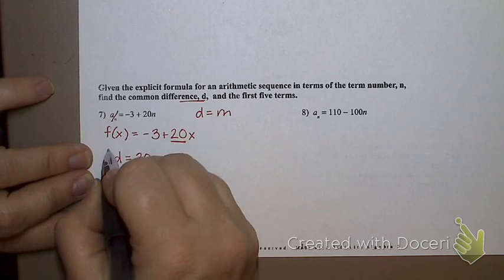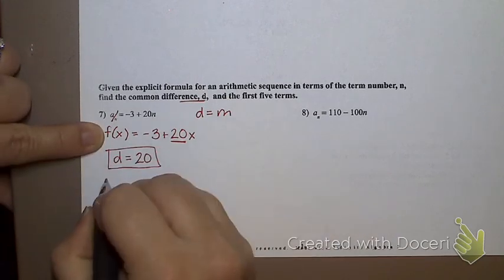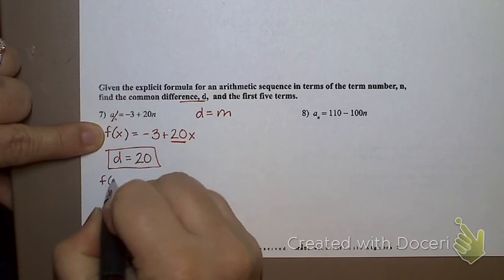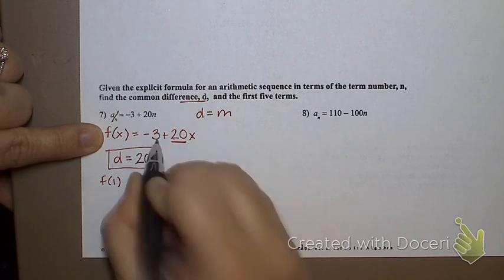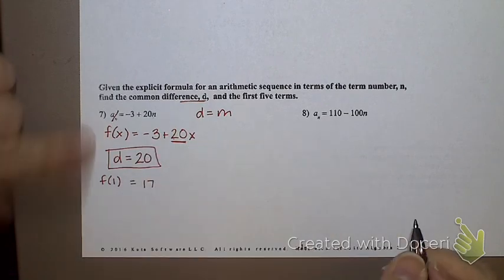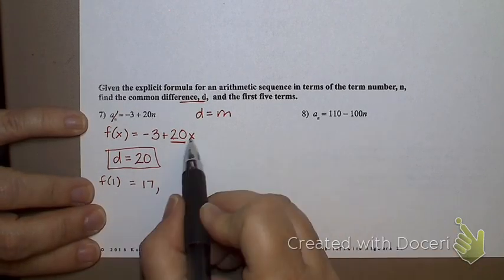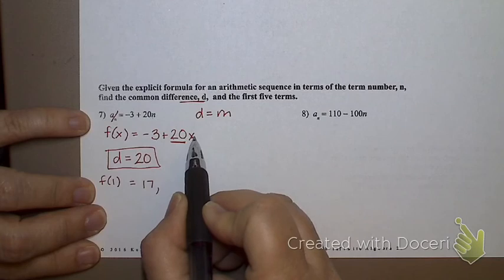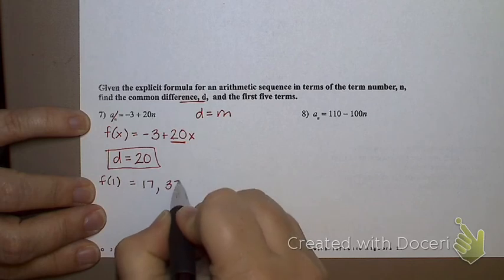And then it says find the first 5 terms. Well, how would I find the first 5 terms if I've got that? Well, to find the first term, I would find f of 1. Right? 20 times 1 is 20, plus negative 3 is 17. What would the second term be? I would plug in 2 for x. 20 times 2 is 40, plus negative 3 is 37.